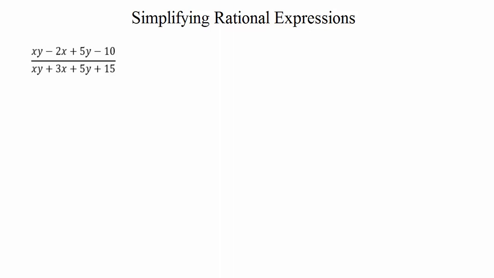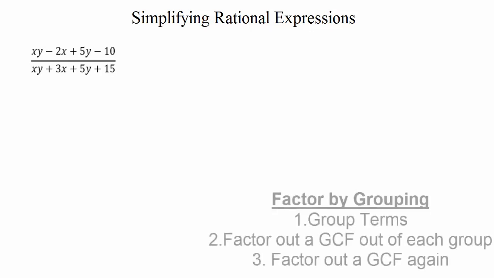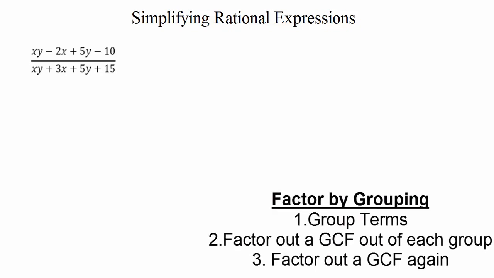So, if we are indeed using factor by grouping, what do we need to do? Remember the general steps for factor by grouping. It says that we need to group our terms. So let me rewrite our numerator here so we have a little bit more room to work with.